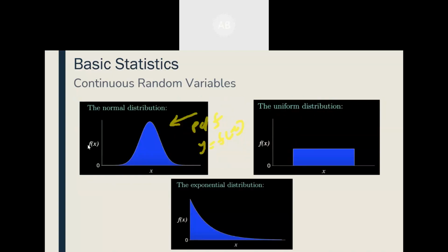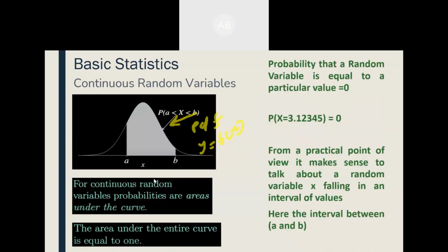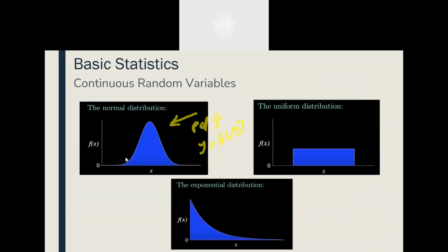The value of y is greater than or equal to 0 for all the values of x. So as I said, the probability of a particular value cannot be 0. It is always more than 0.